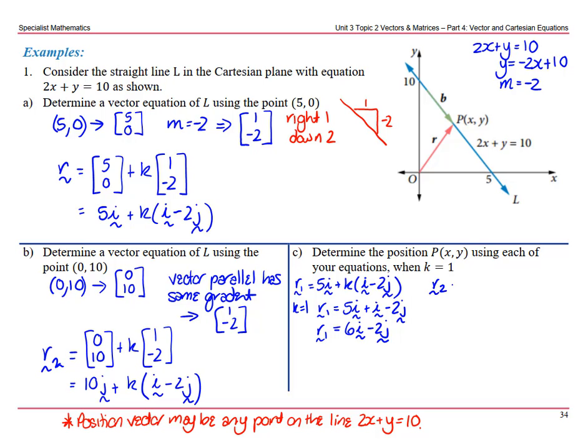My second vector equation was 10j + k(i - 2j). So when k is 1, I'm going to have 10j + i - 2j, which is i + 8j.